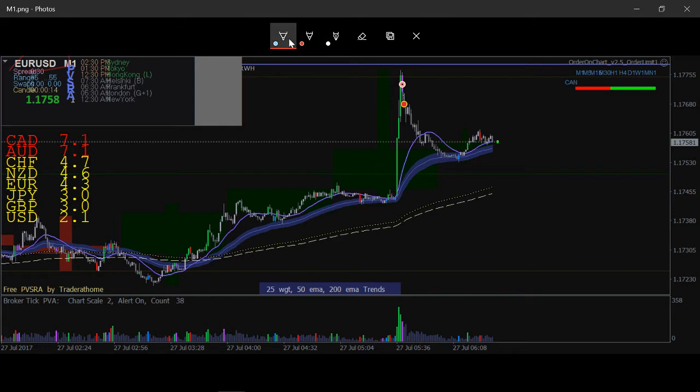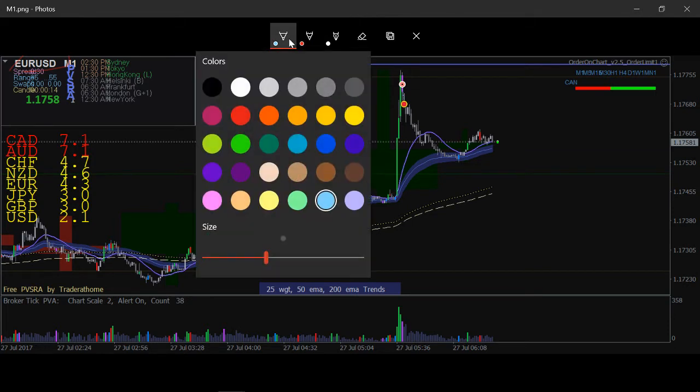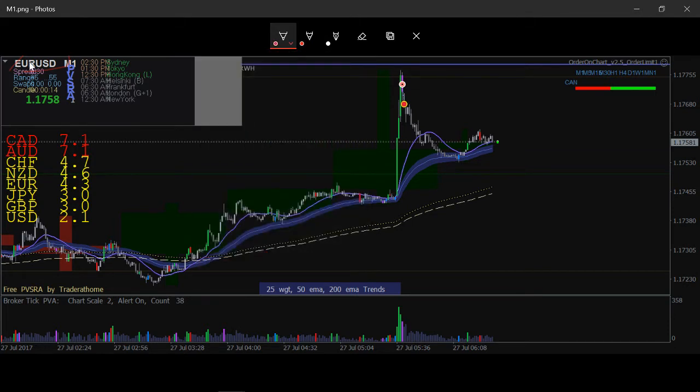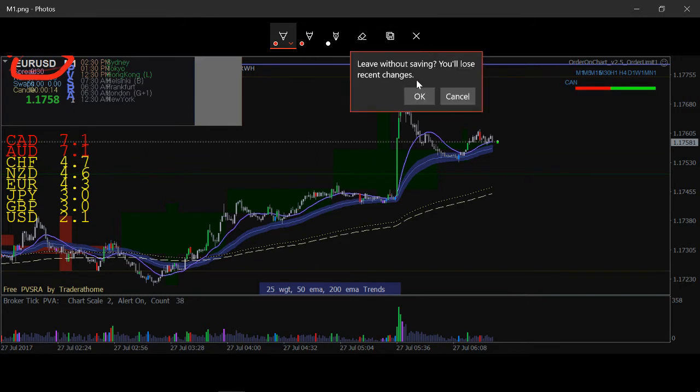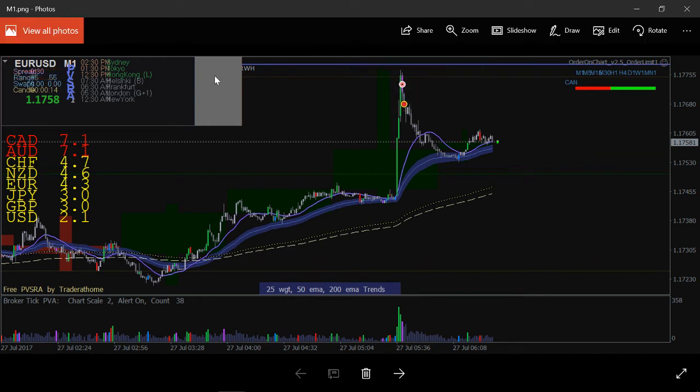Let's make it a little bit bigger. Okay, but you guys get the idea. So it's the euro dollar pair on 1 minute chart.